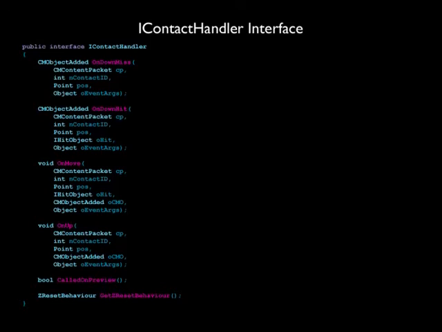OnMove defines what happens when the contact attached to the physics object is moved. OnUp defines what happens when the contact attached to the physics object is picked up off the Surface screen. CalledOnPreview defines whether the actions take place on tunneling, or the preview phase of the event cycle, or the bubbling phase. And getZResetBehavior defines what happens if the physics panel needs to reset the z position of the contact physics object.